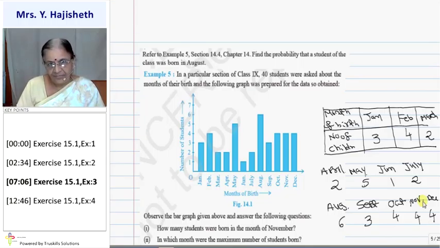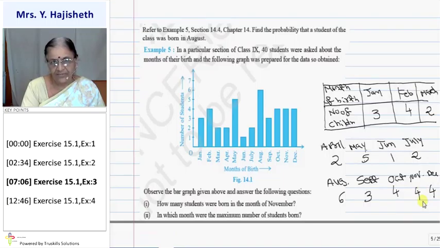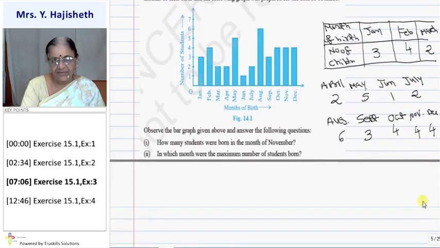Next question is, in which month were the maximum number of students born? So August, right? August has the highest frequency, right?